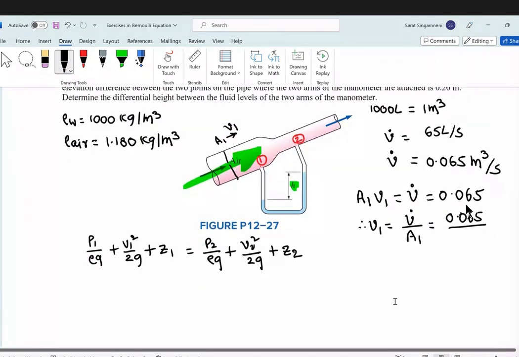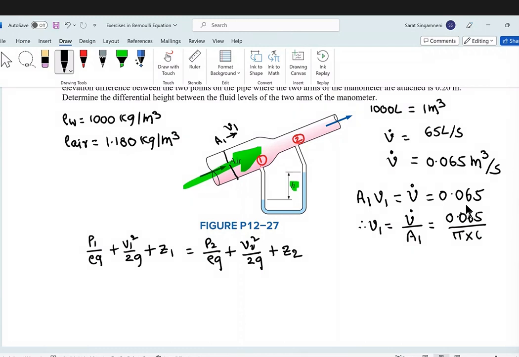So 6 centimeter diameter means the area A1 is pi over 4 d squared, so pi times d1 squared, which is 0.06 squared over 4.